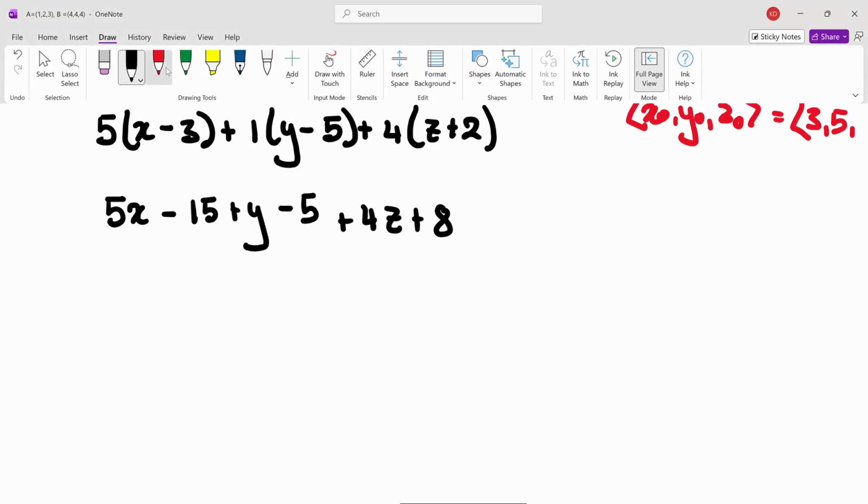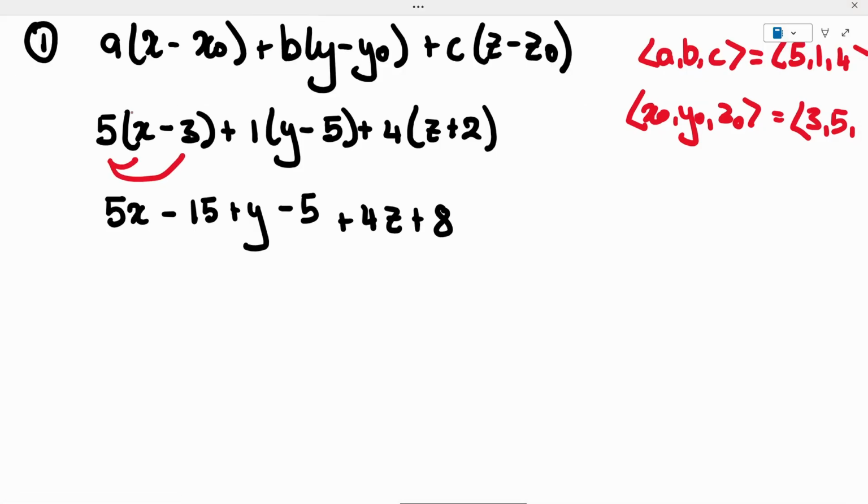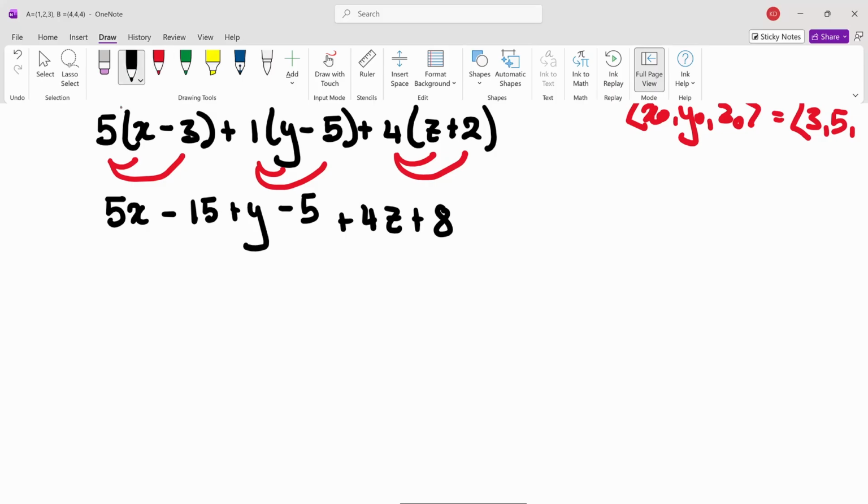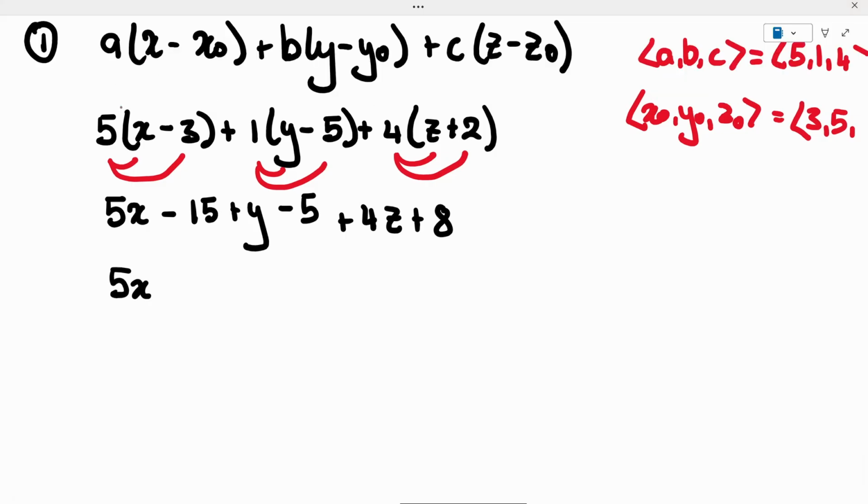All we're doing is expanding the point normal form. 5 times x, 5 times minus 3. 1 times y, 1 times minus 5. 4 times z, 4 times 2. And this will give us 5x plus y plus 4z minus 15 minus 5 plus 8 equal 0.